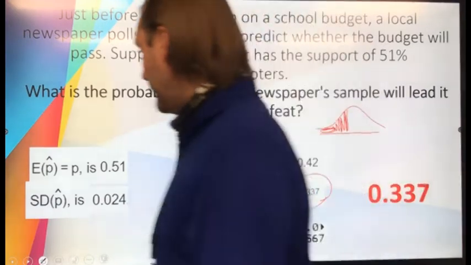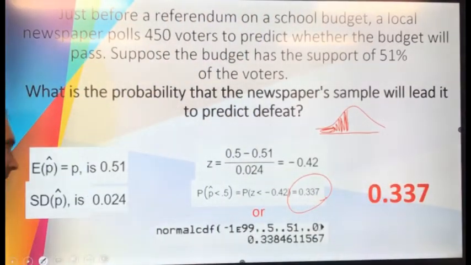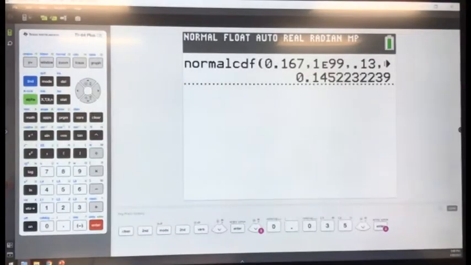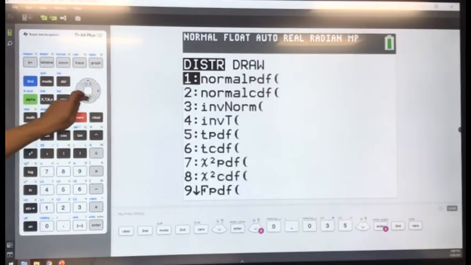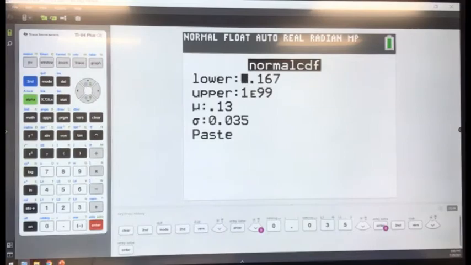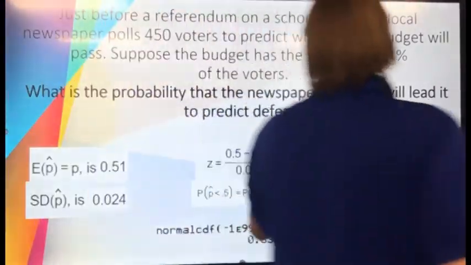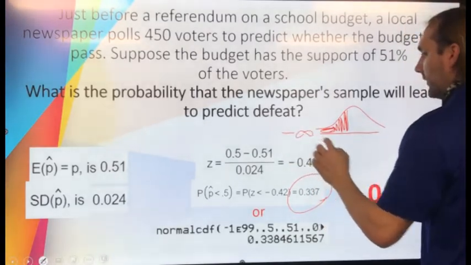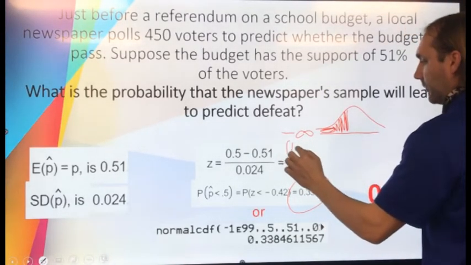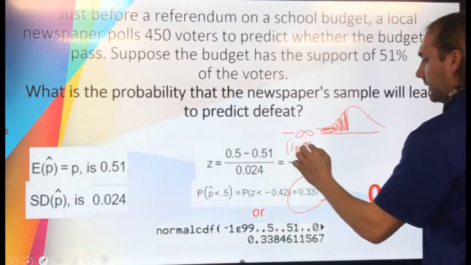If we're going to do this on the calculator, I want to go second distribution, normalcdf, for a normal model here. Now my lower is going to be negative infinity, and to put that in the calculator, that's negative 1E99.